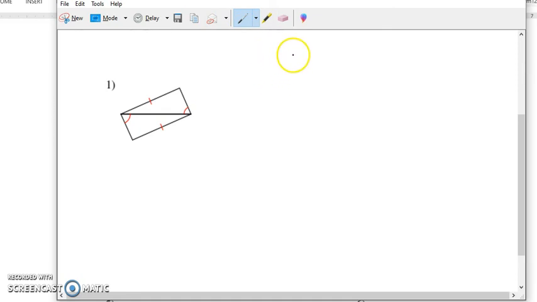So our options are, the first and simplest one is the side, side, side congruence. After that, the next one, closest to that, is side, angle, side. Then we've got angle, side, angle.